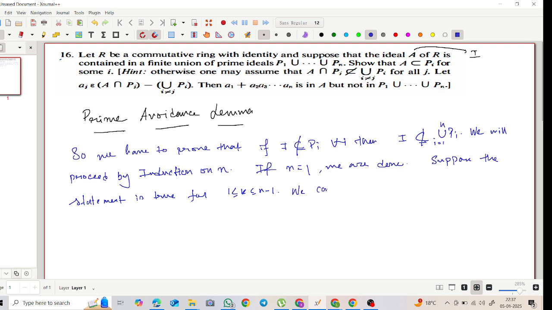We consider P2 to Pn, and we have I is not a subset of Pi for 2 less than or equal to i less than or equal to n, since P is not inside I for any I. So in particular, I is not inside Pi for i from 2 to n.